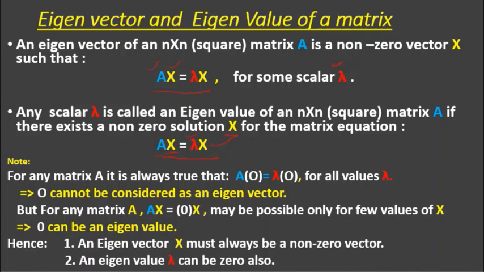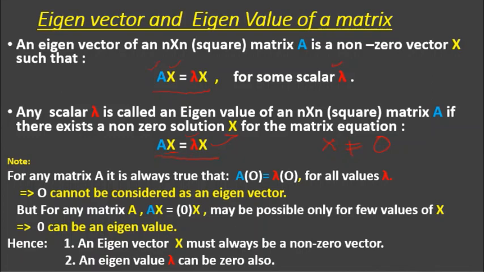This is the same as the above equation. So you call lambda an eigenvalue if you can get a non-zero column vector x satisfying the equation Ax is equal to lambda x, then you call lambda an eigenvalue of A.